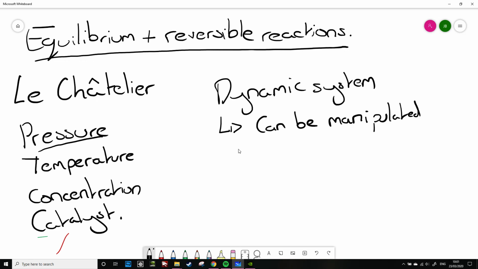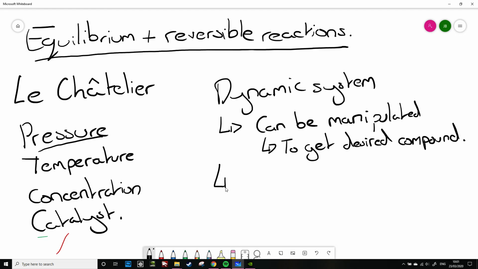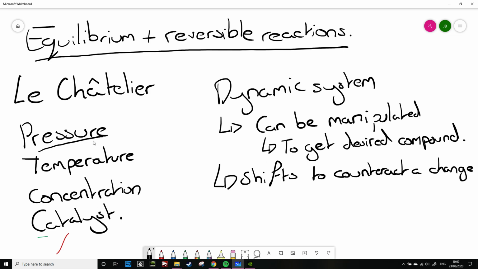These methods, we can manipulate it to get a desired compound or chemical or element, etc., etc. And what it will do is it will shift to that direction to counteract the change. It shifts to counteract a change. And by change, I mean one of these four things. Well, three. Catalyst doesn't truly affect it. And once the change has occurred, it will counteract it, it will shift until it settles back down.